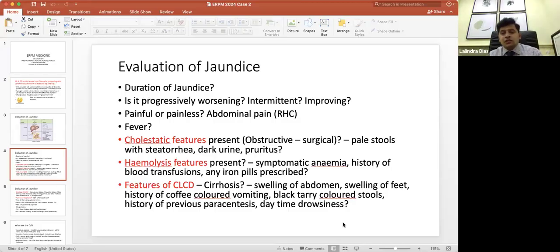Then ask for history of previous paracentesis, where the doctors in the past have pricked the abdomen and taken fluid out of the abdomen. Because if the patient has undergone that, the patient will definitely remember it. So just ask the patient whether fluid has been drained from the abdomen, whether cans full of water have been taken out.